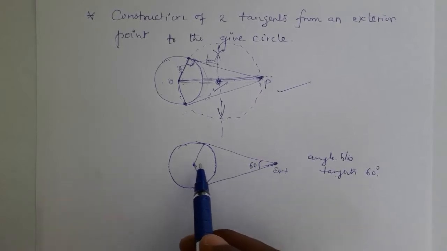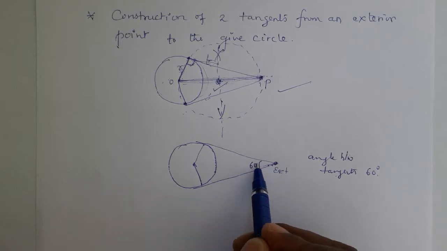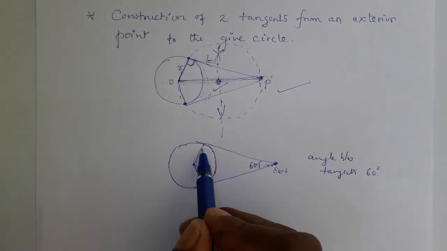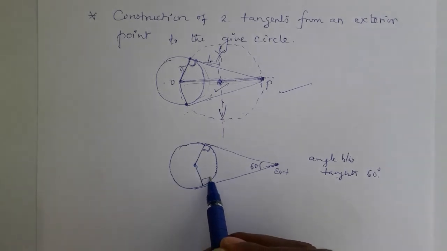Then what to do? Using this 60 degrees, try to find the other three angles. This angle is always 90 degrees, since radius and tangent are perpendicular. Here also 90 degrees. So 60, 90, 90. Totally you will get how much?